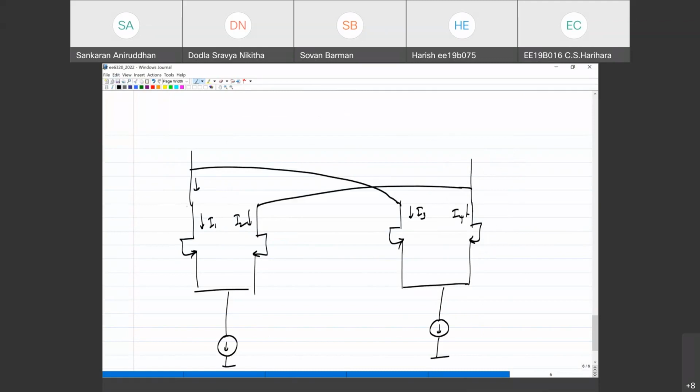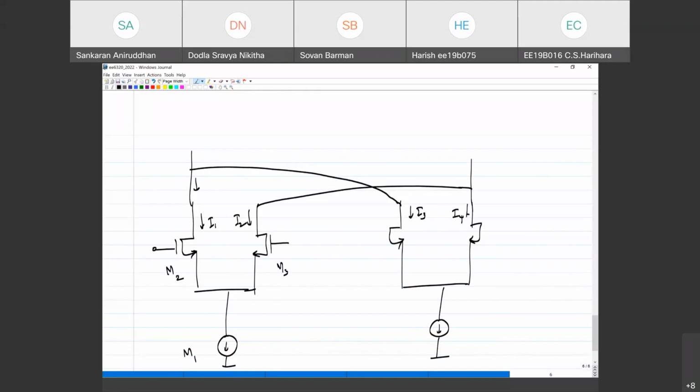So at any instant, this is M1, M2 and M3. At any instant, M2 is either off or in saturation, correct? Yes, sir. When it's off, the impedance is high.